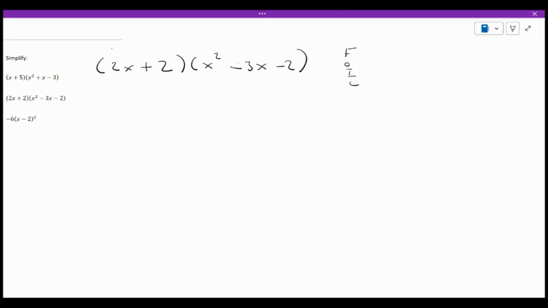Same thing, we mark our firsts, we mark our outers, we mark our inners, we mark our lasts. Again, special case: there is no letter assigned to this negative 3x, so we have to cater for it, right? So let's get ahead with it.